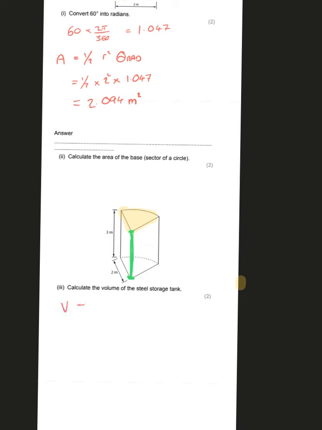So volume is equal to 2.094 meters squared times 3 meters. Volume is equal to 6.282 meters squared by meter, and because we deal with volume, meters cubed. Okay, that's question 10 solved.